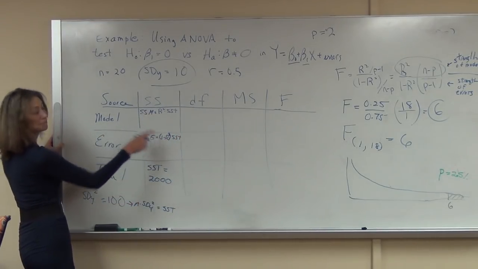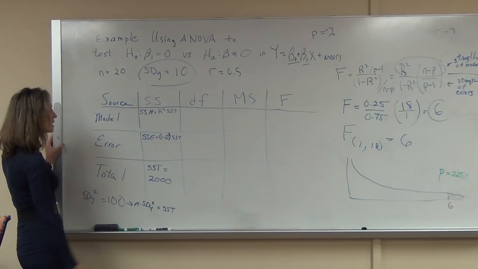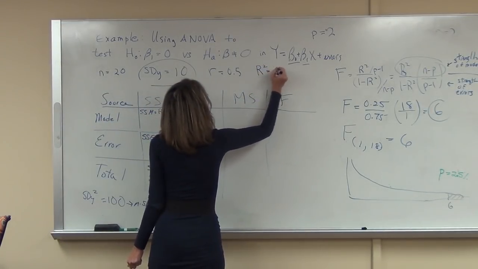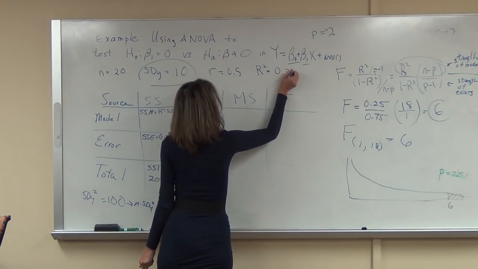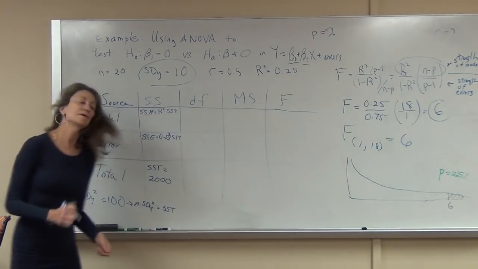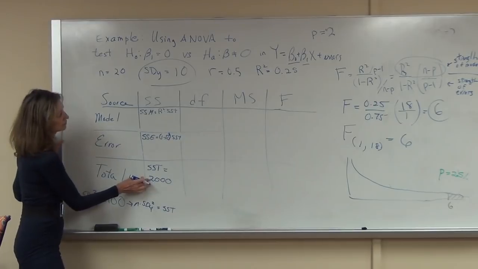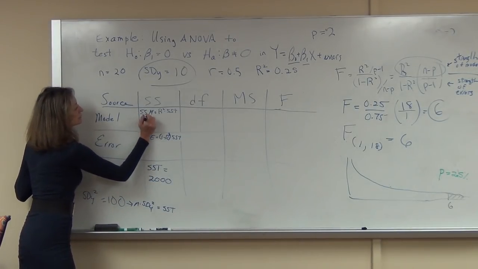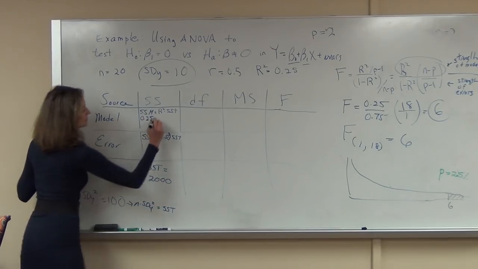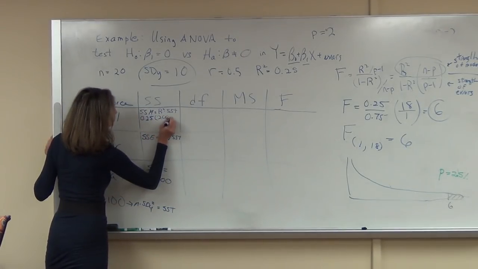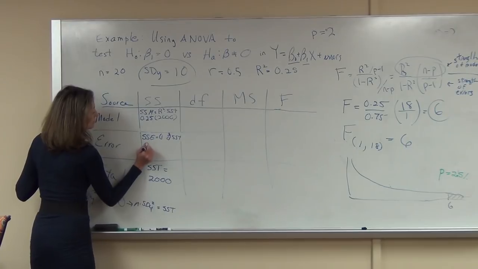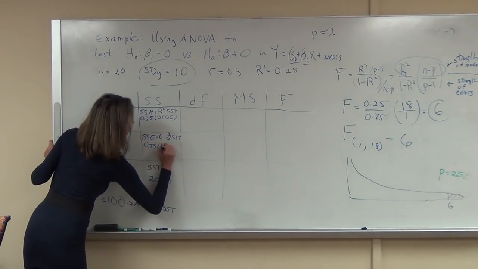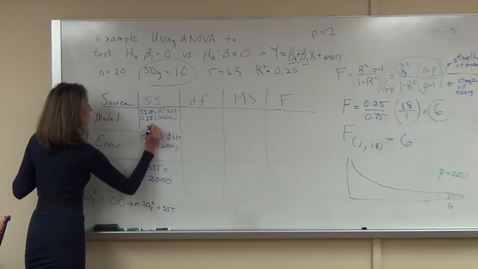R squared plus 1 minus R squared is 1. So R squared is the square of that, so it's 0.25. So then we're just going to say, okay, so this is 0.25 times 2,000, and this is 0.75, 1 minus R squared, times 2,000. So this is 500.